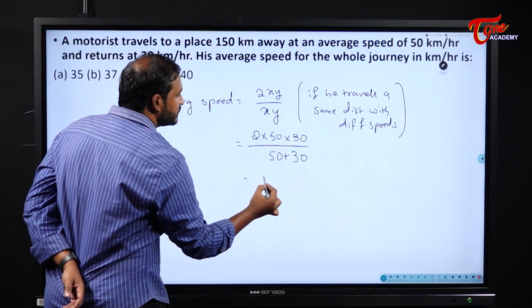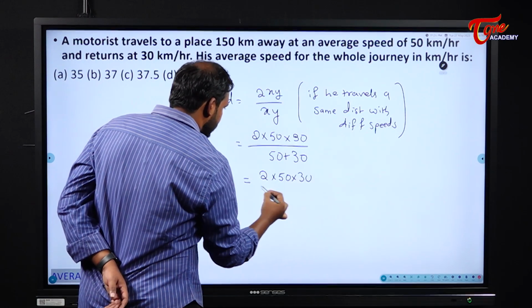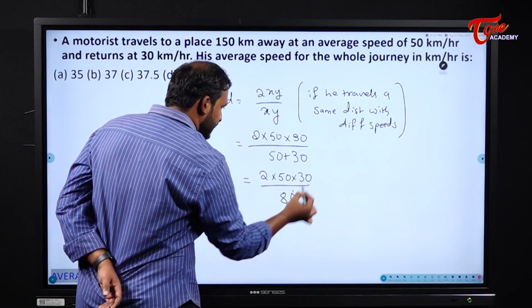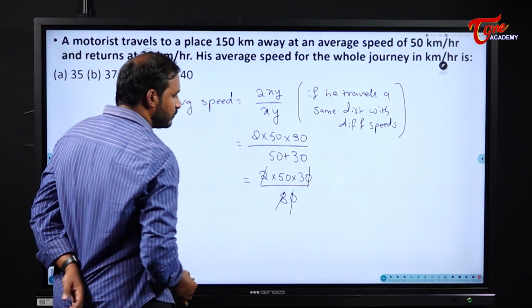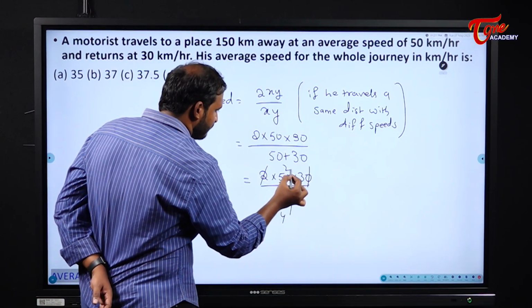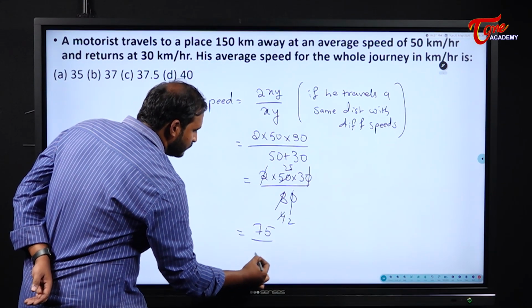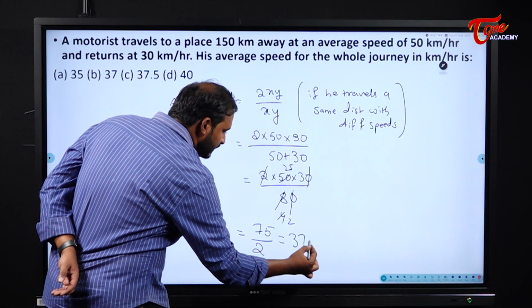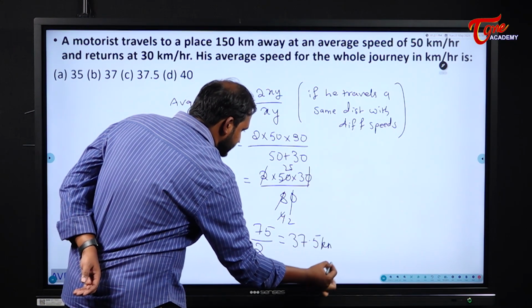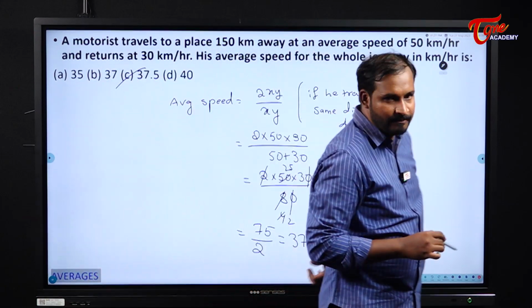So 2 into 50 into 30 by 80. 0, 0 get cancelled. 2 ones, 2 fours. Next 25 times 3 will become 75. So it will become 75 by 2, that is 37.5 kmph is his average speed. His average speed is here 37.5 kmph.